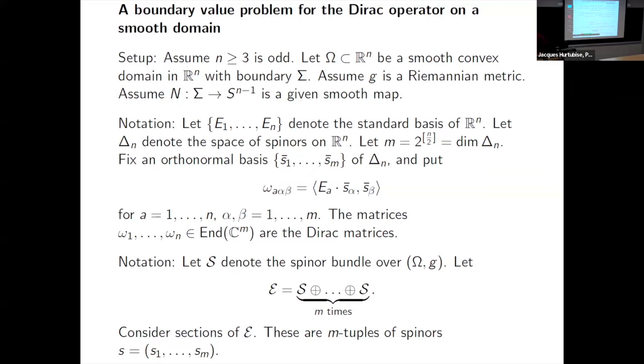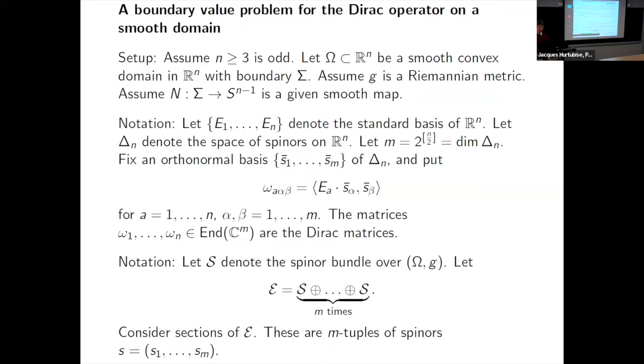In addition to a metric, I need a map N from the boundary to the sphere. The simplest example would be that g is the Euclidean metric, and N is the Gauss map of my smooth domain. In the simplest case, you could just define N to be the unit normal, and that will give you a map to the unit sphere S^(n-1).